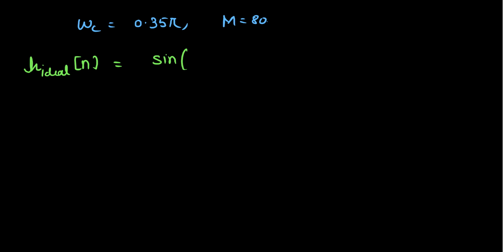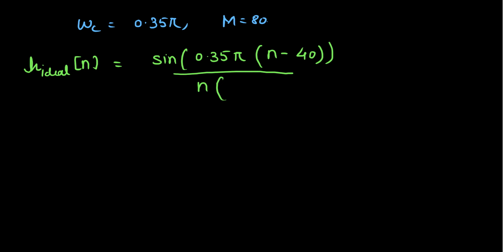Therefore for omega c equal to 0.35 pi and M equal to 80, the expression for the ideal filter, h ideal of n, is equal to sine of 0.35 pi into (n minus M by 2), so M is 80, therefore 80 by 2 is 40, divided by pi into (n minus 40), and this is valid for n not equal to M by 2, that is n not equal to 40.